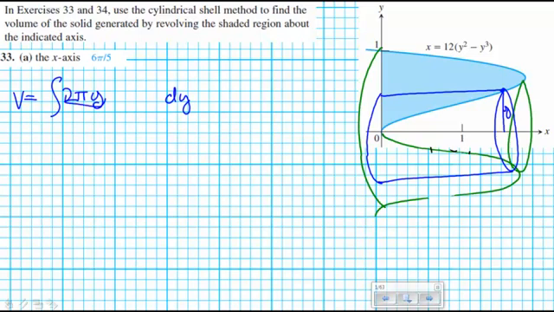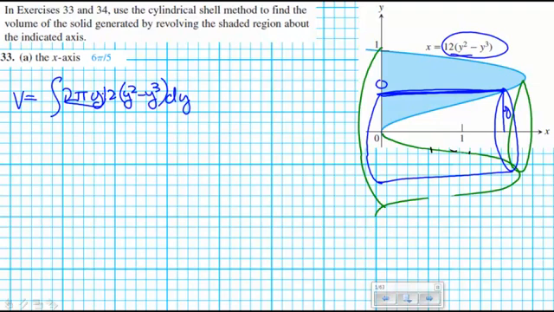So there's the width of my rectangle. The height of my rectangle is this distance, which is the distance from x equals 0 to x equal that stuff. So that distance is 12 times y squared minus y cubed.